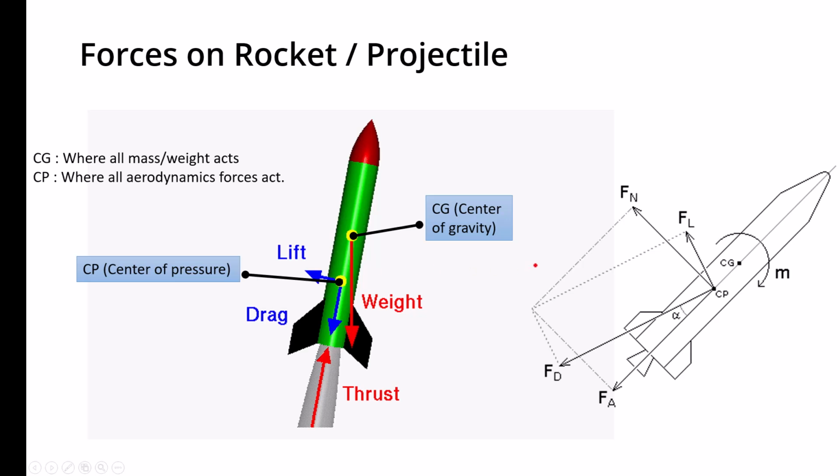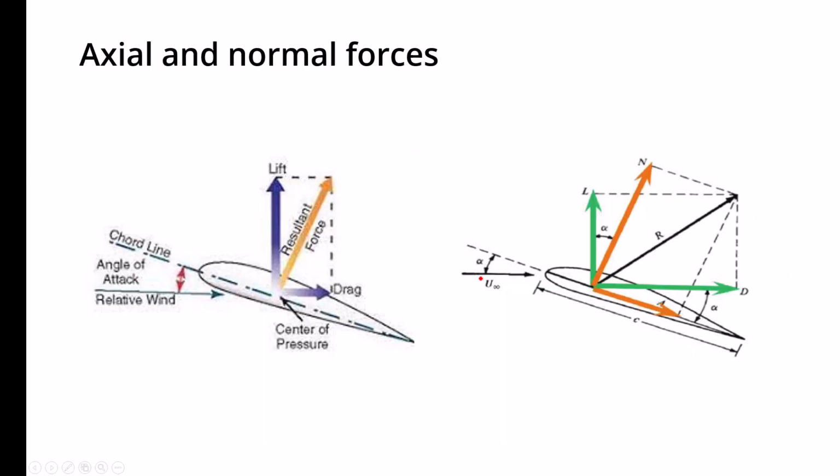But the normal force and the axial force will be the fixed ones. It means that the normal force will always be 90 degrees to the axis of the missile, and the axial force will be parallel to your axis. So they will remain there, and they have some significance, especially when we are going to fire the missile. At that time, the axial force plays an important role.